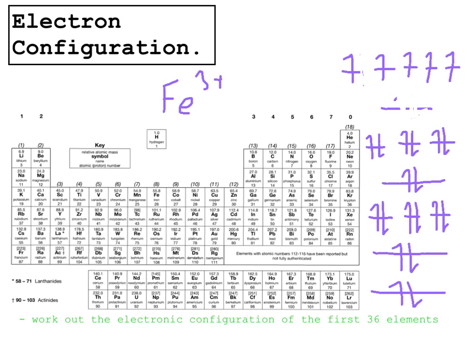That's the one that's most likely to come out. And so if we're going to write the electronic configuration of iron 3+, we would write 1s2, 2s2, 2p6, 3s2, 3p6, and then 3d, 1, 2, 3, 4, 5.